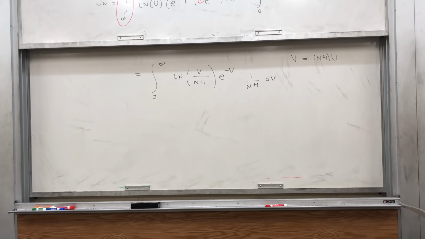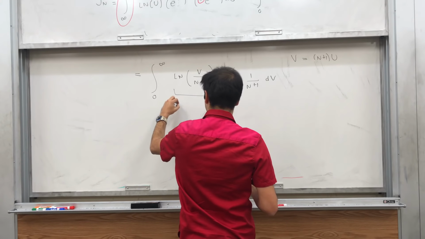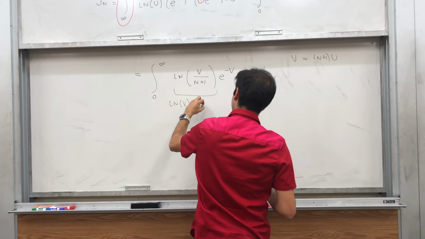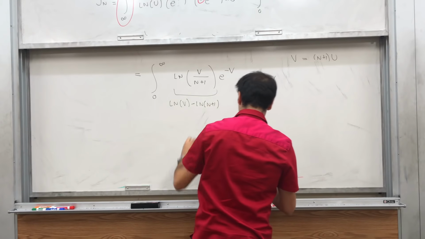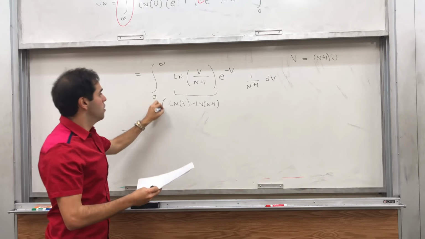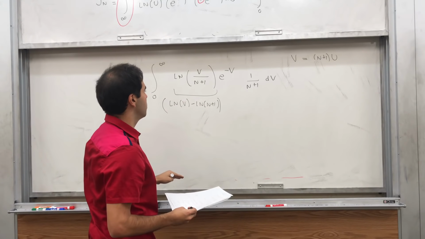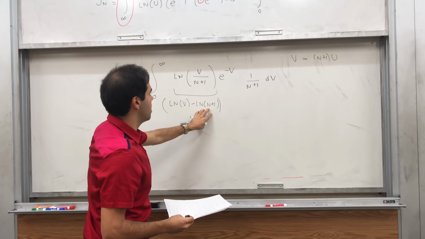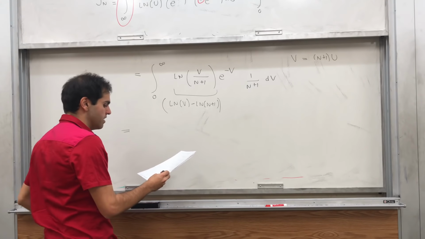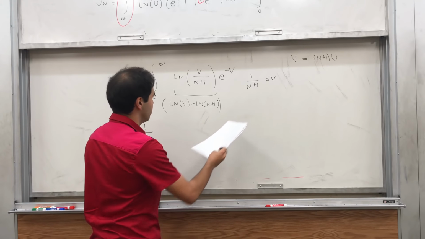But why did we do this? The nice thing is we can just write this term as ln of v minus ln of (n+1). So if you FOIL this out, this is ln of v times e^(-v) and ln of (n+1) times e^(-v). We get a nice integral, 1 over n+1.